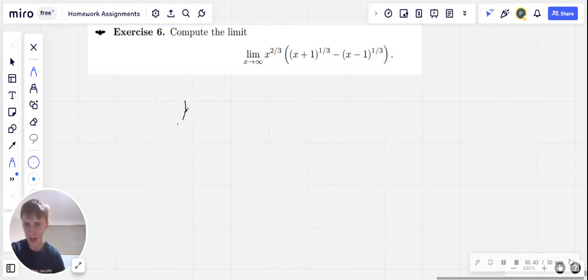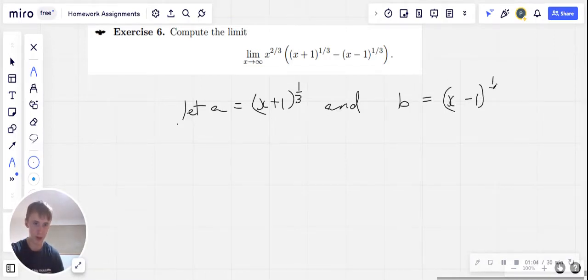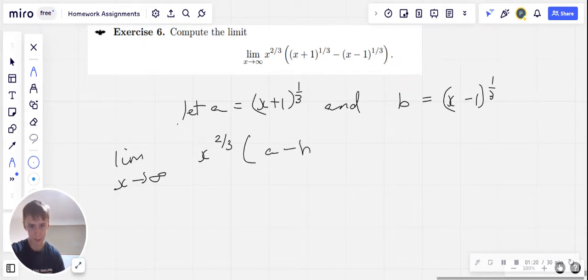So I'm going to say let a equal x plus 1 to the power of a third and b equal x minus 1 to the power of a third. Then our limit can be written as the limit as x tends to infinity of x to the power 2/3 times a minus b.